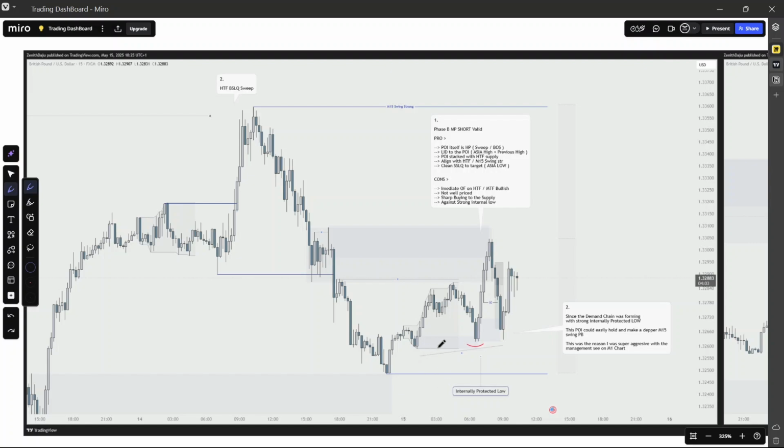And actually here we do have this supply chain that I was talking about. Behind that we do have this trend line liquidity, sell side liquidity that was pending. And after the mitigation, what I wasn't liking to take the short position was this strong bullish momentum, right? I was also afraid of this bullish momentum continuing up.